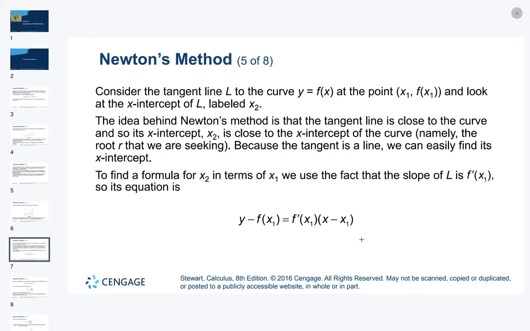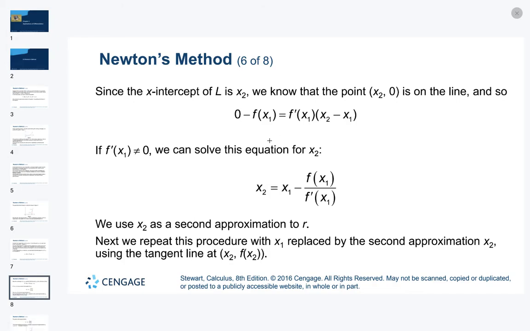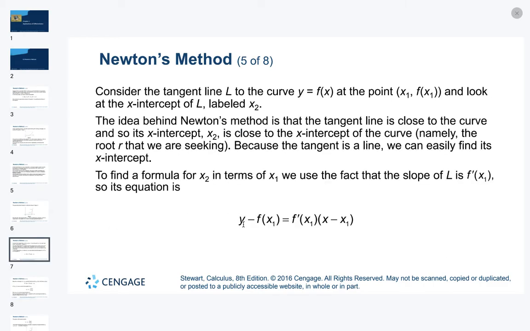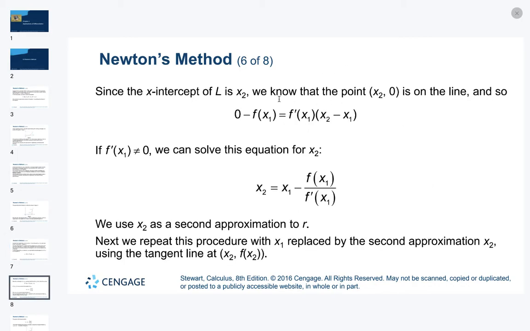This is the equation of the tangent line. This is the derivative. And the point is x1, f of x1. So y minus the y-coordinate equals slope times x minus the x-coordinate. That's your equation of the tangent line. How do you find the x-intercept? You set y to 0. Setting y to 0 gives you the x-intercept.